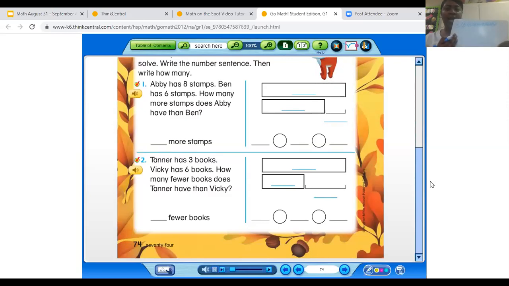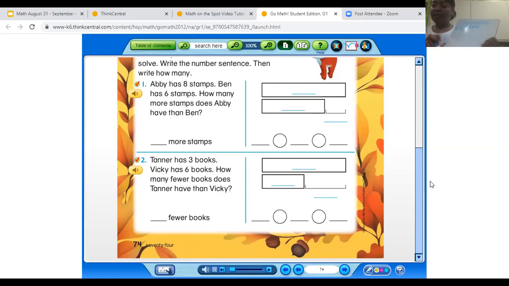All right, so I have my 8 stamps. All right, Ben has 6. So these are the stamps that they have. How many more stamps does Abby have than Ben? Well, it looks like there are 2 more than Ben has right here.